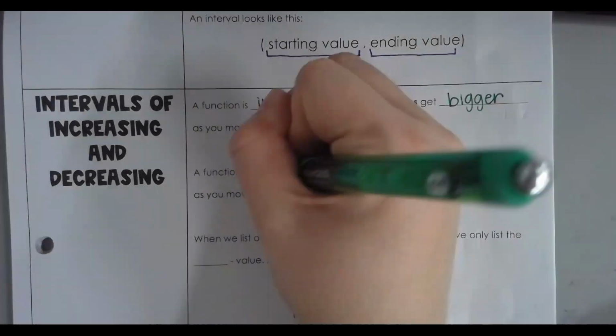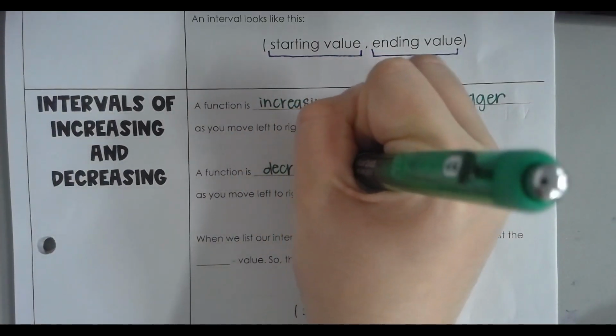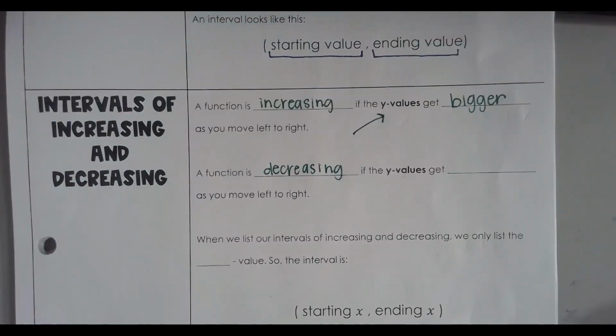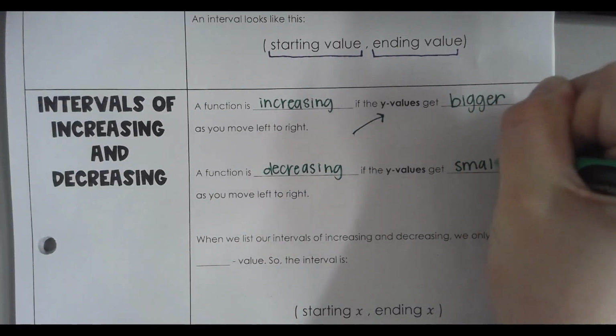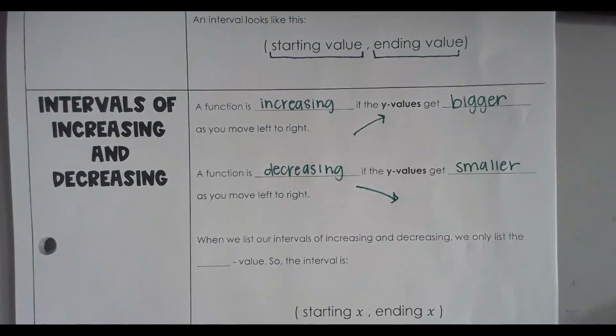A function is decreasing if the y values get smaller. So if your graph is going down like that, that is decreasing.